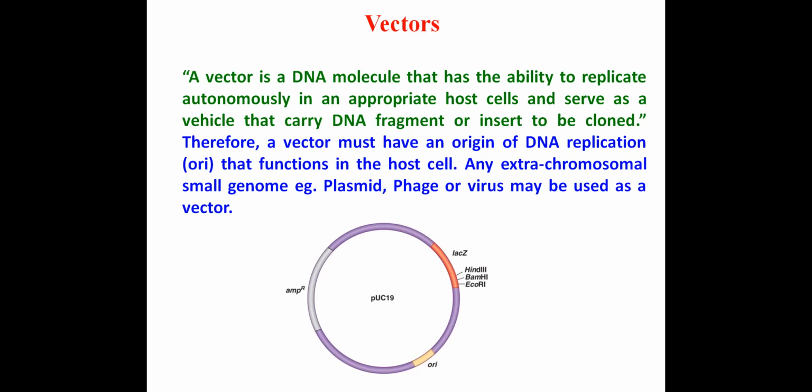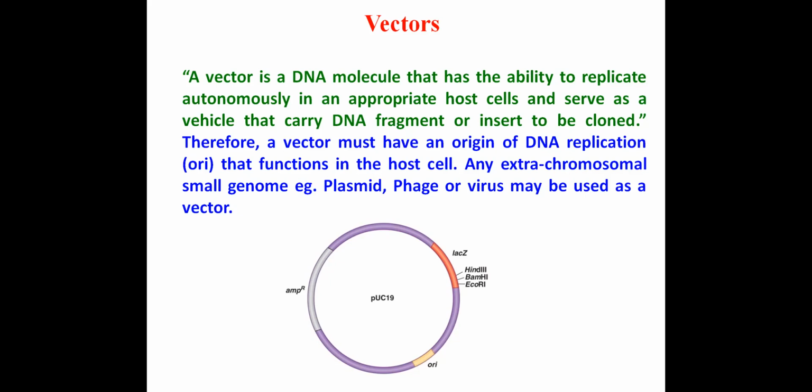This is an example of a plasmid vector, pUC19. Here p stands for plasmid, UC stands for University of California, and 19 stands for the plasmid code or lab number given to the particular plasmid. This is one of the plasmids widely used in molecular biology as a plasmid vector.